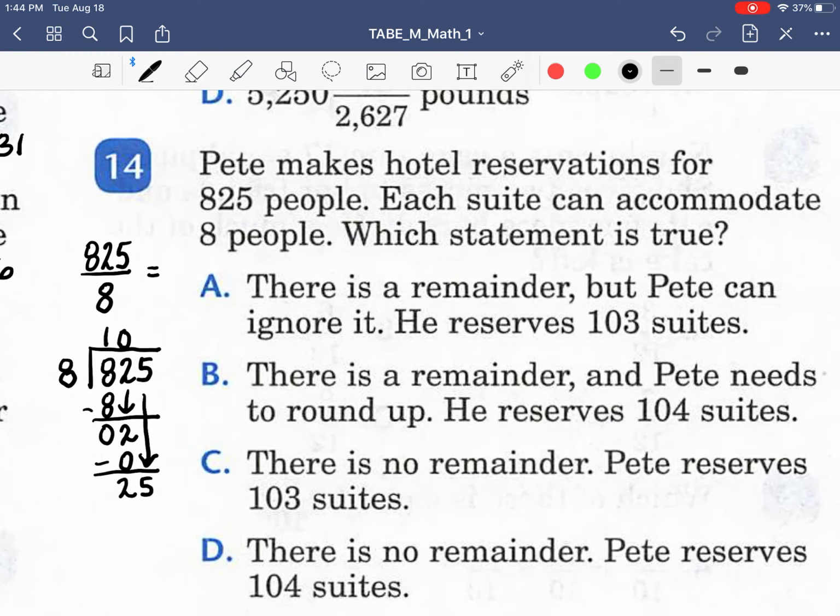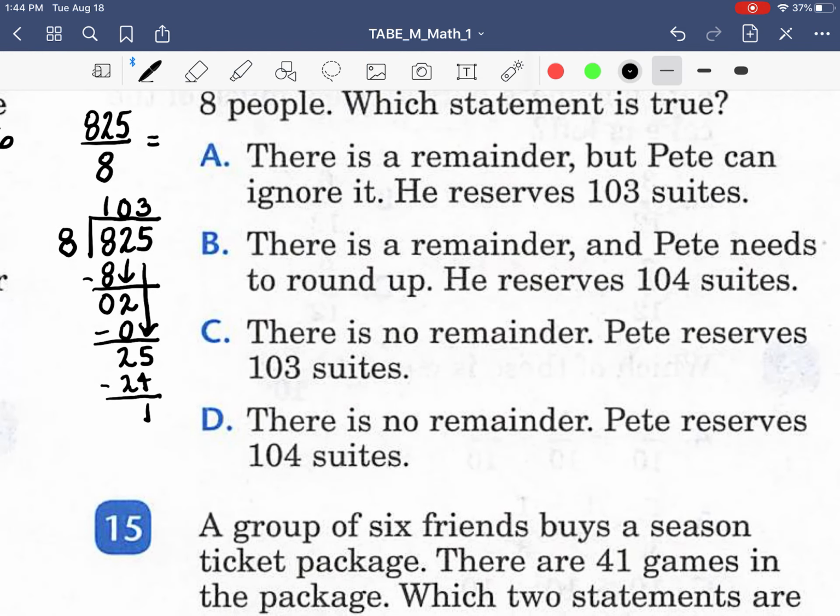Subtract. Bring down the 5. 8 into 25 without going over. 8, 16, 24, 32 is too big. So let's go back to the third finger and use the 24.